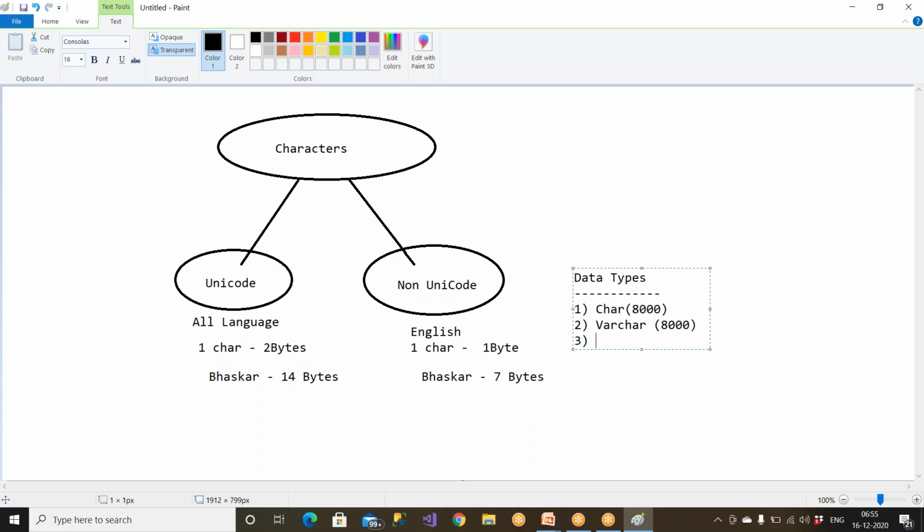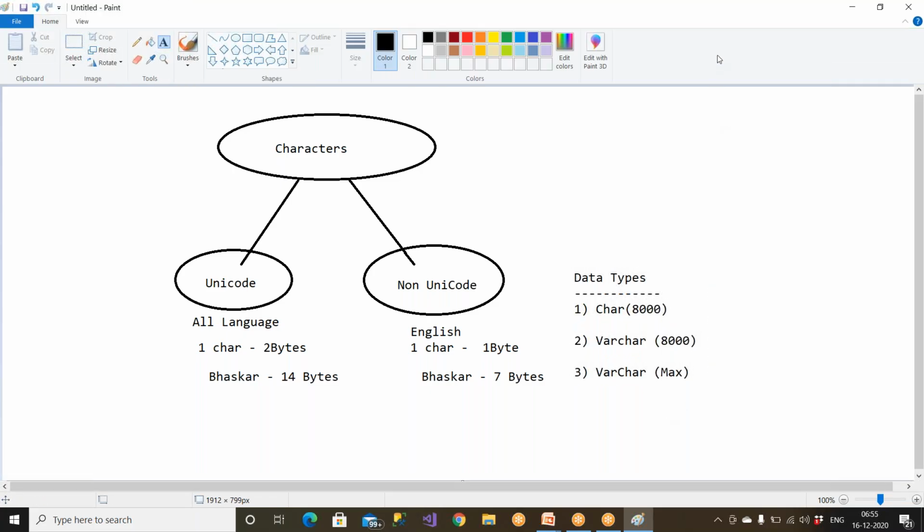And the next one is called varchar max. Clear? So these are the three data types Microsoft gives us, and these are completely for non-Unicode data. You can store purely English data.